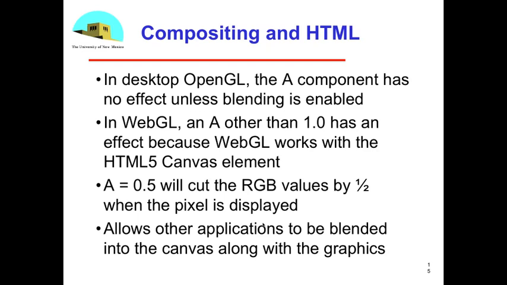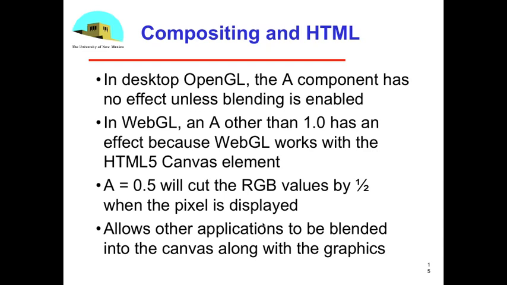Now there's a reason for that, and the reason is that WebGL operates within the canvas element in HTML5. So anything else that you're doing on that canvas is going to be displayed. And this gives you the flexibility of blending what you do in WebGL with what some other application might do. One example that would probably be of interest is if you wanted to add some text on top of your images.